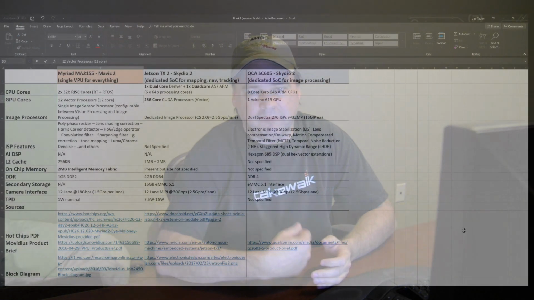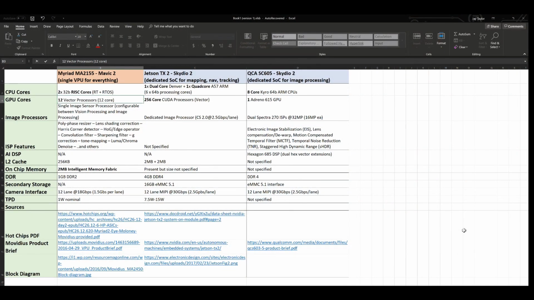As I said, the DJI Mavic 2 platform runs the Movidius Myriad MA2155 SoC. They call this a VPU, which is a video processing unit. It's comprised of two 32-bit RISC cores.